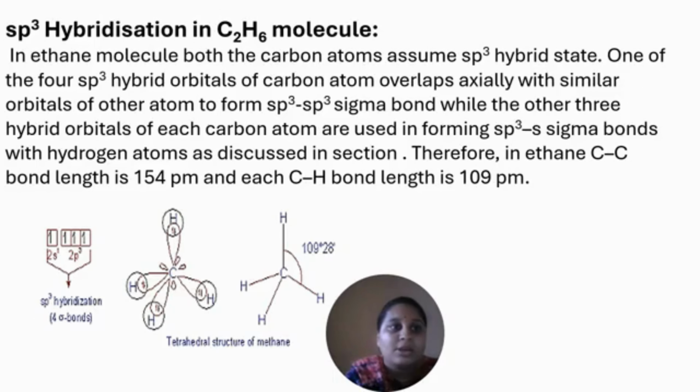The molecule acquires a V shape or angular geometry. Now sp3 hybridization in the C2H6 molecule. In the ethane molecule, both the carbon atoms assume the sp3 hybridized state.